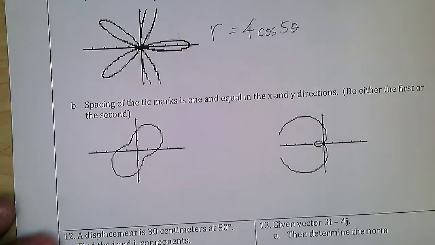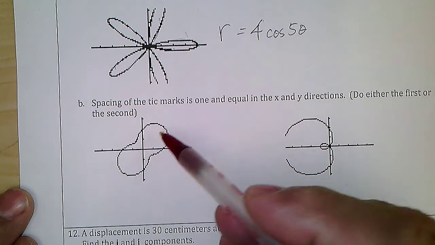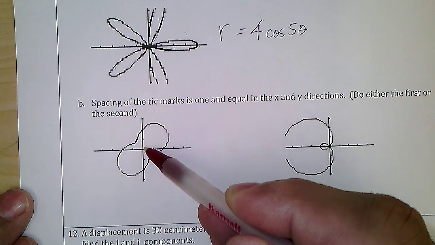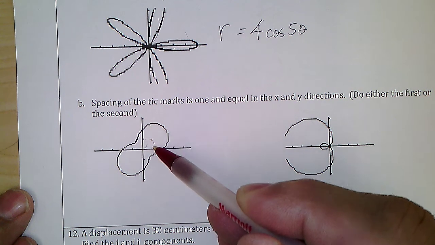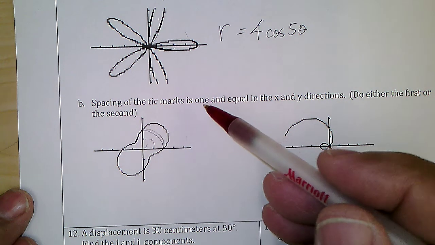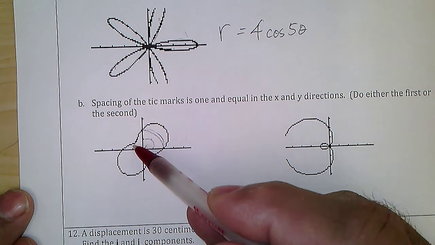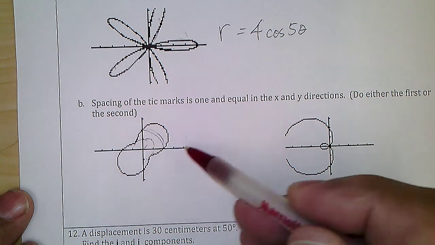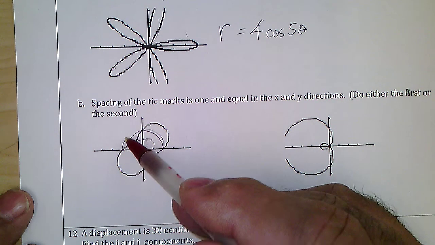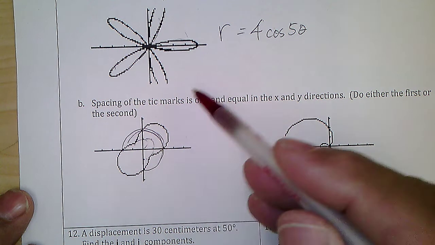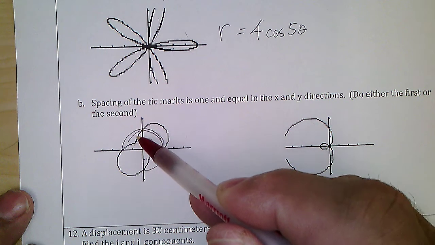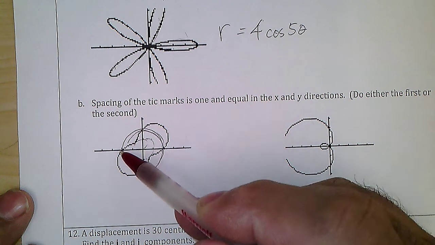Now this one looks like the farthest out it gets is maybe about, let's see, 1, 2, 3, and it comes into 1, so it must be based on a circle of about 2. Starting on the circle, then adding some, then getting inside, subtracting some, and then adding some.